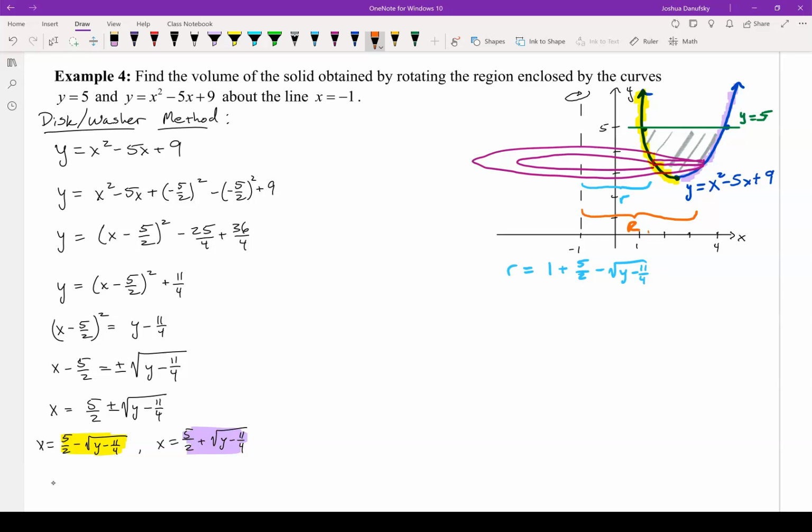Similarly, big R is going to be that same distance 1 plus the distance to the right side of the parabola, meaning the purple highlighted portion of the parabola. So we're going to get 1 plus 5 over 2 plus the square root of y minus 11 over 4. We can combine the constants in front.